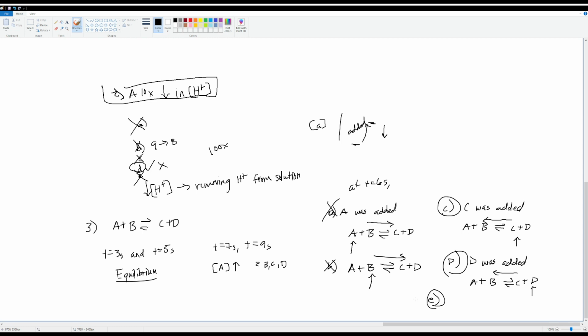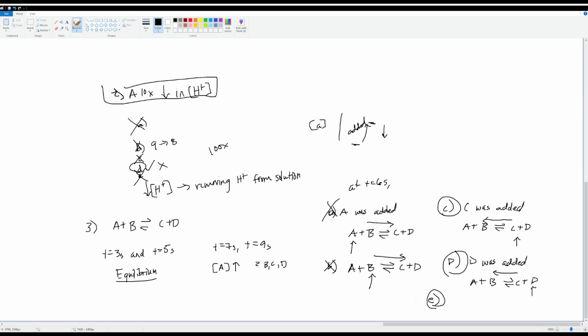The reason why I left it in terms of A plus B goes to C plus D is you could get this question and it can be talking about carboxylic acids, it could be talking about amines, it could be talking about any variant of our acids and bases that we want, right? And so a huge chunk of problems you'll encounter can more or less be boiled down to using variables A, B, C, and D. And then we're just substituting in specific molecules for those variables.